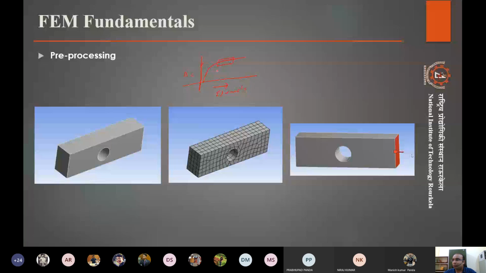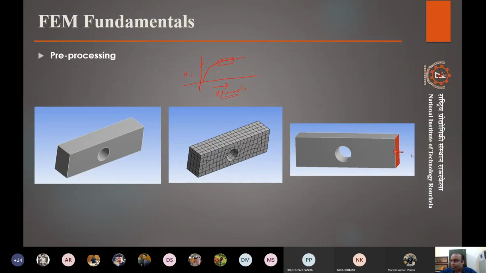So when these kinds of meshing optimizations are done for bigger projects, we do this accuracy versus element analysis and see how things are changing. Whenever the accuracy in results stops increasing substantially, we stop increasing the amount of meshing or number of elements.